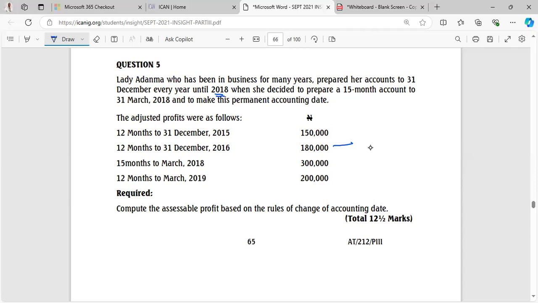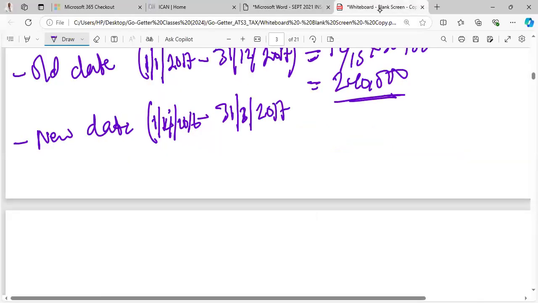9 months rather, because January to March is 3 months. So we are going to be taking 9 months out of 12 here. So this is going to be 9 over 12 multiplied by 180.